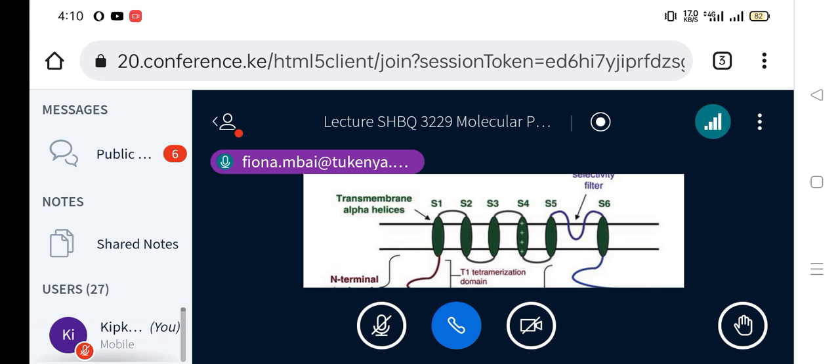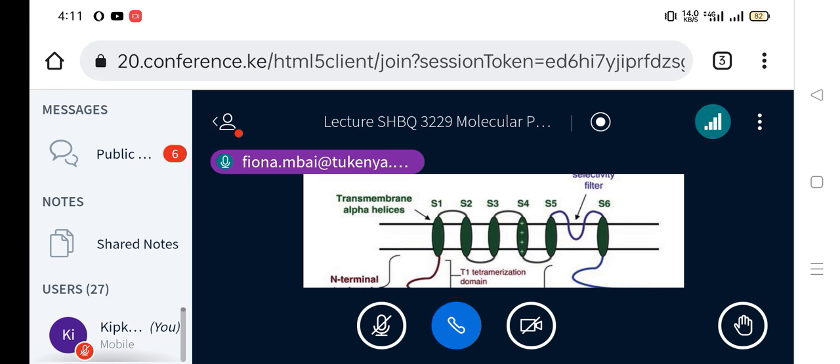It has an amino terminal and a carboxy terminal, which are both within the intracellular space of the cell. And then, of course, here is the P-loop ion selectivity filter that I just spoke to you about. And it is in here that it will select potassium and not any other ion to pass through.